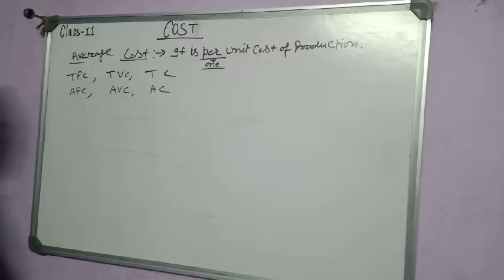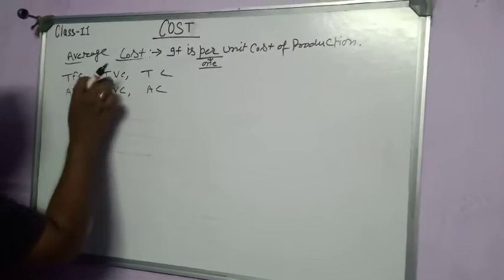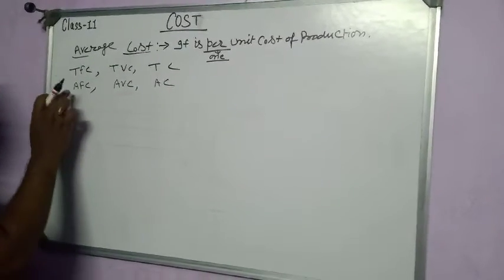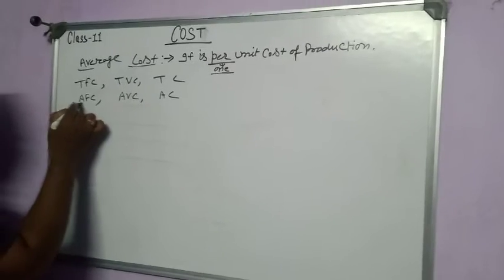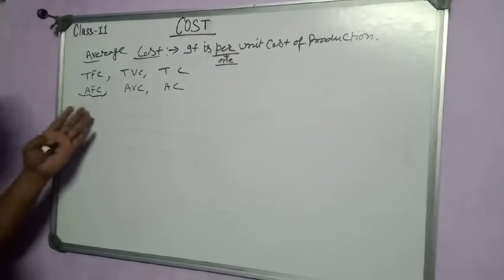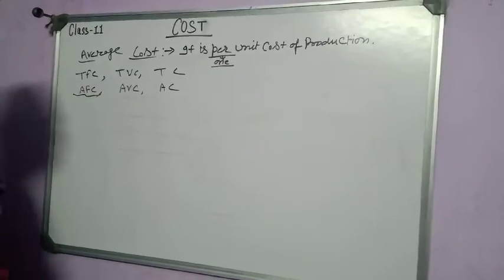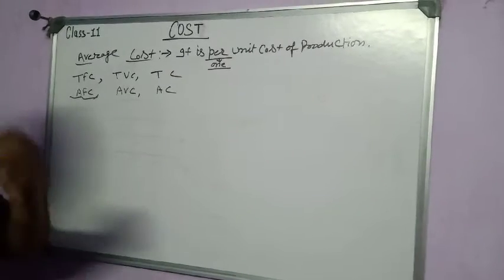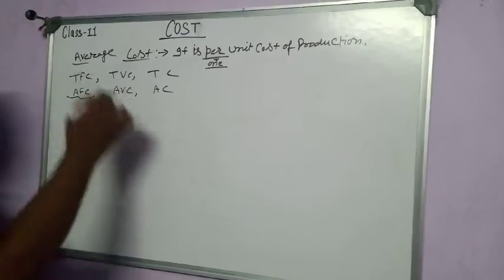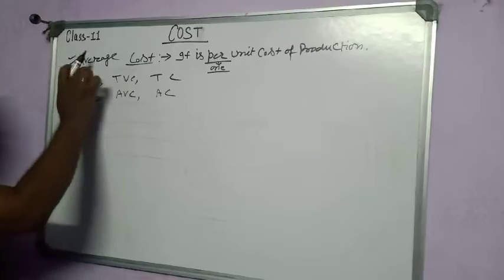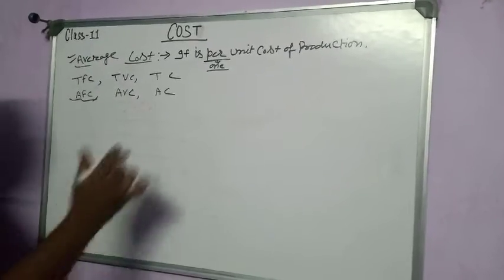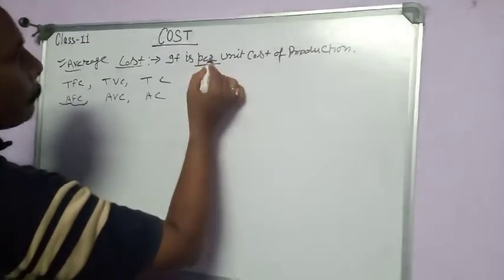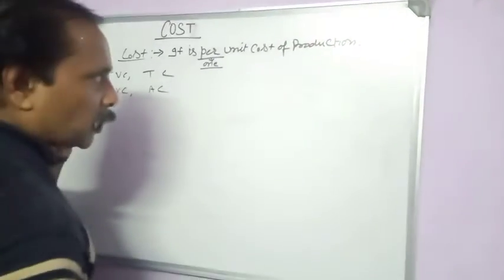Is it clear? So all three we have already done. Now today we have to know what will be the average fixed cost, what will be the average variable cost, or what will be the average cost, because average cost is known as per unit cost of production.